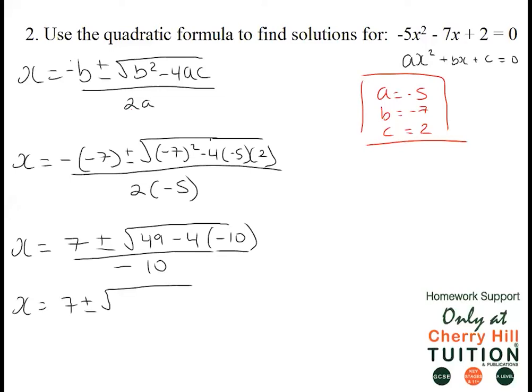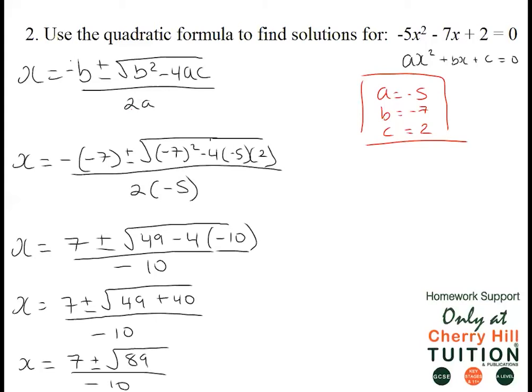So 49 minus 4 multiplied by minus 10, the double negatives give us a positive. So this simplifies to 7 plus and minus the square root of 49 plus 40, which is 89, all over minus 10.